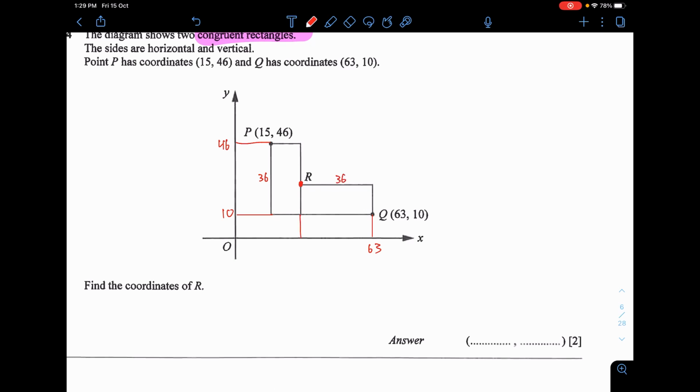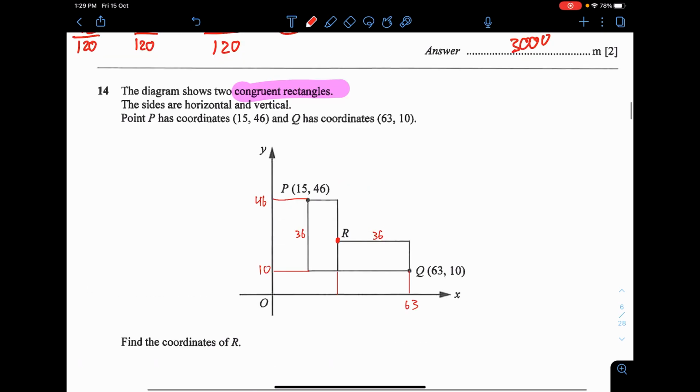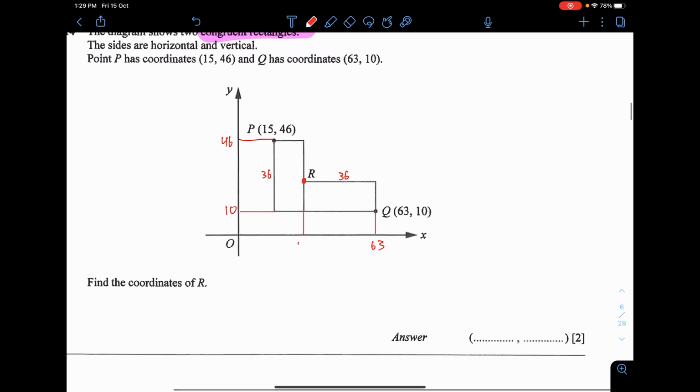We need to say that this coordinate here is 63, go back by 36, 27. Oops, this is 27. Meanwhile, this coordinate here must be 15 because the point P is 15, right? So then I can tell the width of the rectangle now from 15 to 27 is actually 12. This one is 12 as well.